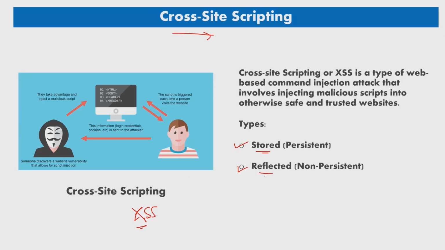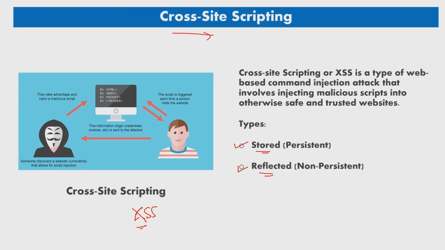Next is the reflected or non-persistent. This is the common type of XSS, which is called reflected XSS. Unlike stored XSS attacks, which require the attacker to find a website that allows the malicious scripts to be permanently injected, reflected XSS attacks only require the malicious script to be embedded in the link.